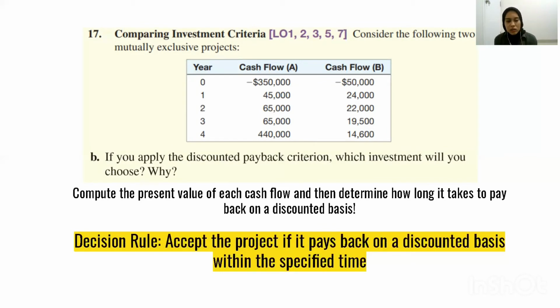Now first we need to compute the present value of each cash flow and then determine how long it takes to pay back on a discounted basis. The rule is accept the project if it pays back on a discounted basis within the specified time.